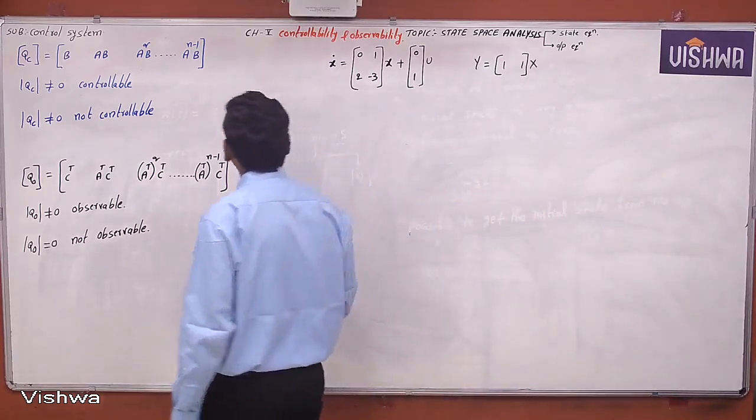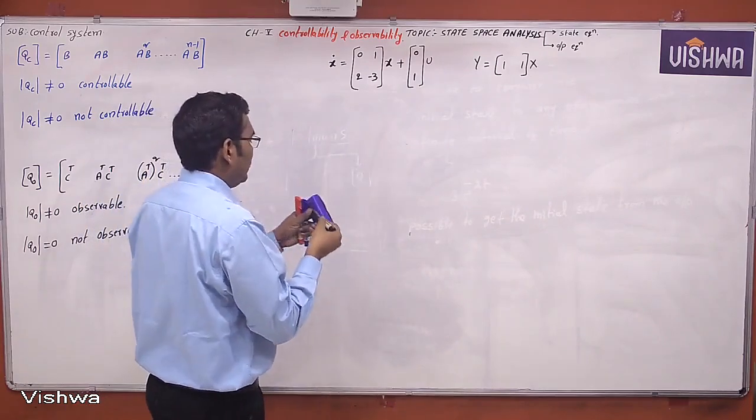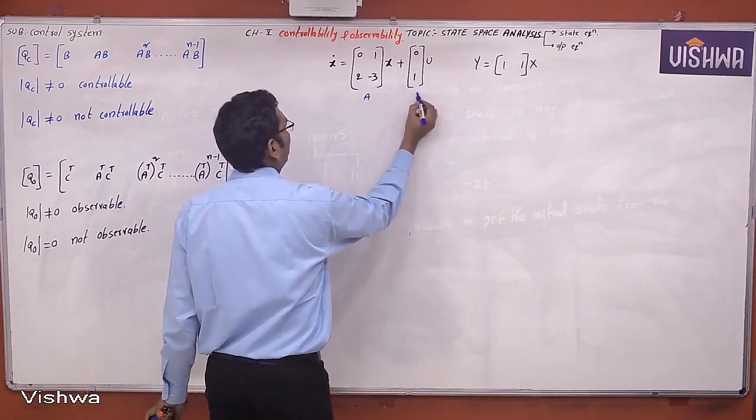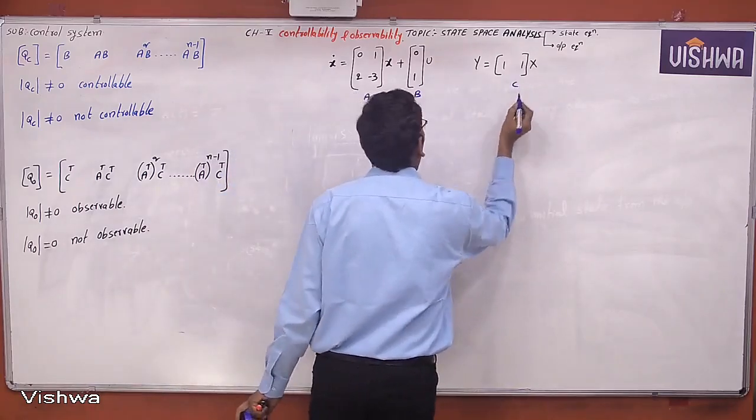To verify controllability and observability, we require the A matrix, B matrix, C matrix, all are available.